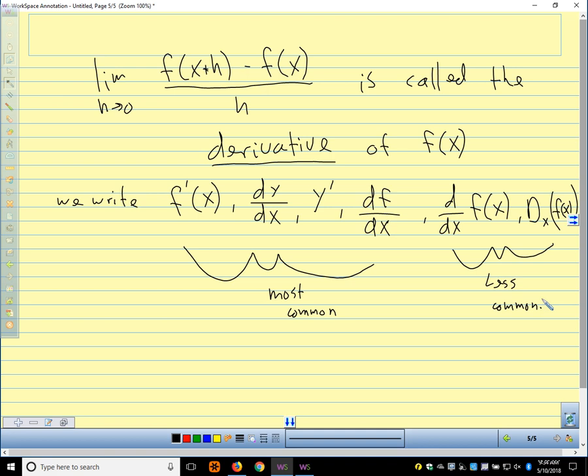So if the problem asks you to find the derivative of the function, they're saying find this limit. That limit comes up so often it gets a special name. We call that limit the derivative of the function. It's a derivative because it is derived from the function.